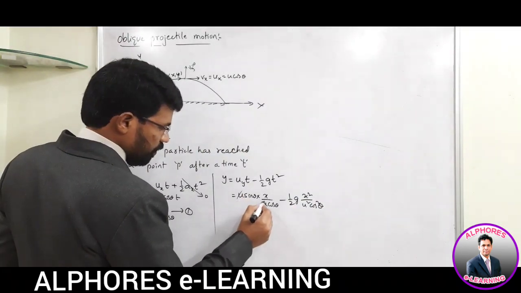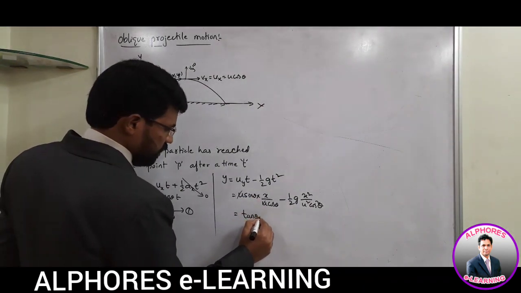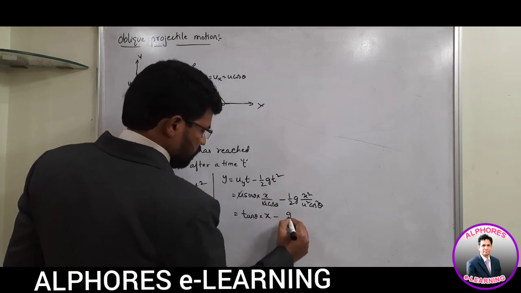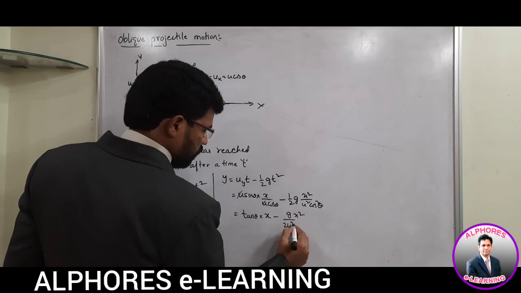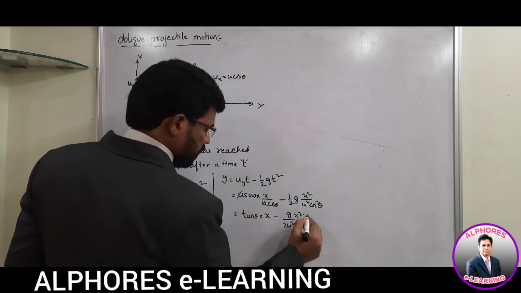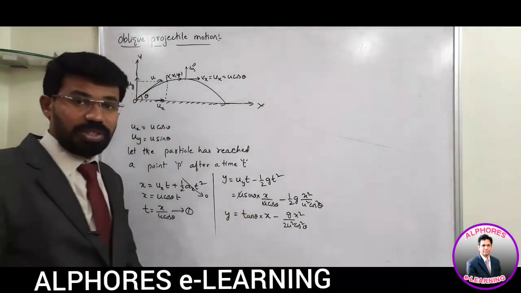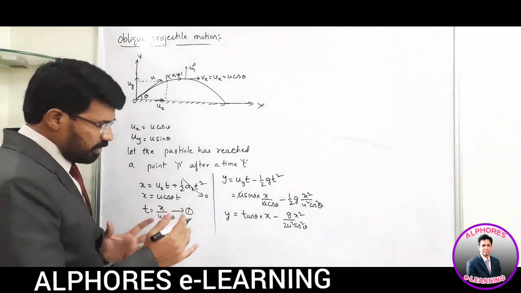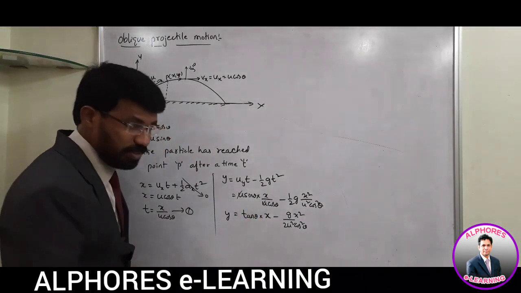Here u gets cancelled. Sin theta by cos theta is tan theta, so we get tan theta into x minus g by 2u square cos square theta into x square. Okay, so this is what y is, the vertical displacement in a time equal to t. I'm going to make a slight modification in this equation, replacing tan theta with a, just for convenience. It is not mandatory.